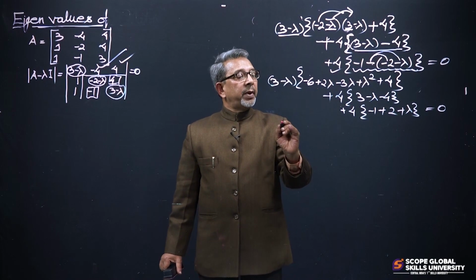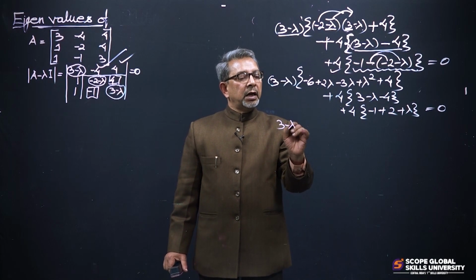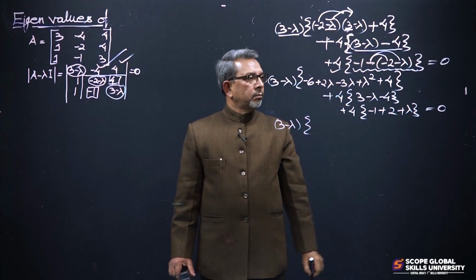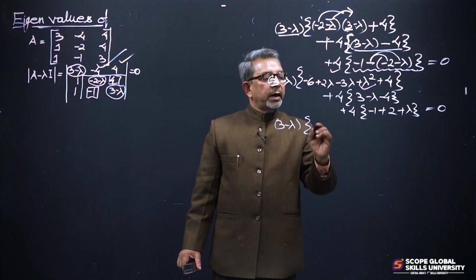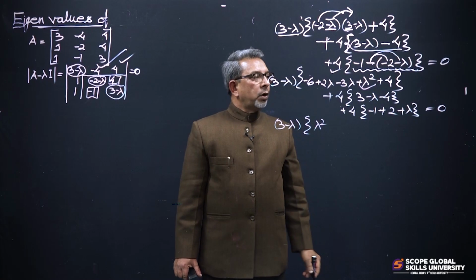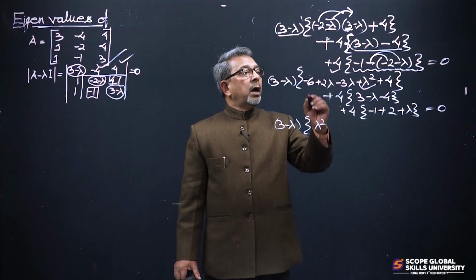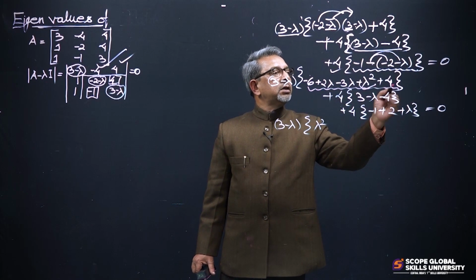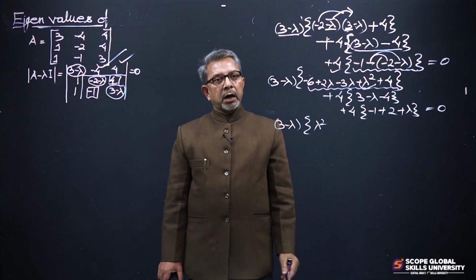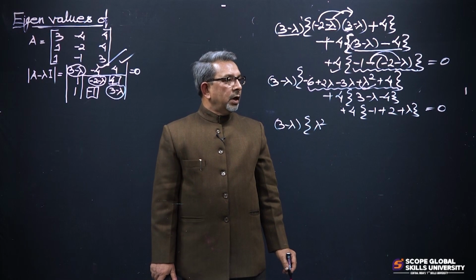Now, we simplify this thing, 3 minus lambda. Firstly, I am writing here lambda square, to write this expression in the standard form of polynomial, from higher order to least order.